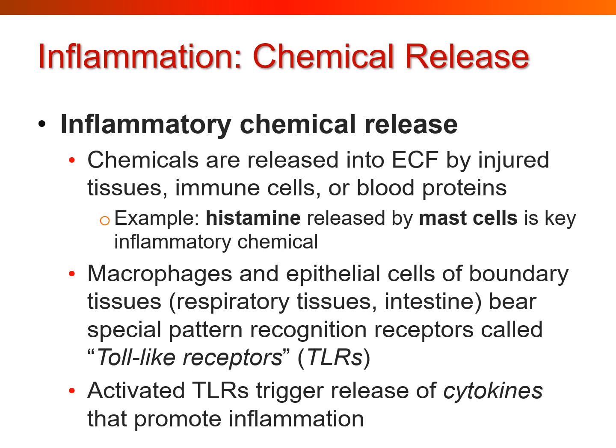Macrophages and epithelial cells of boundary tissues are going to bear these special pattern recognition receptors called toll-like receptors, and once these get activated, they too will release certain inflammatory chemicals, but they're going to release something called cytokines that also help further inflammation.